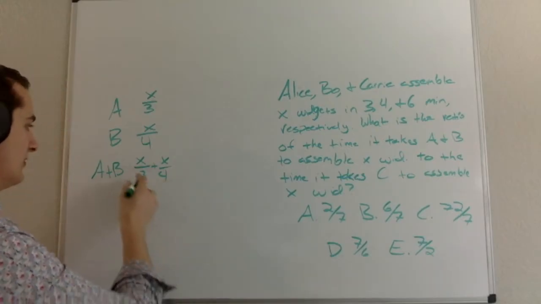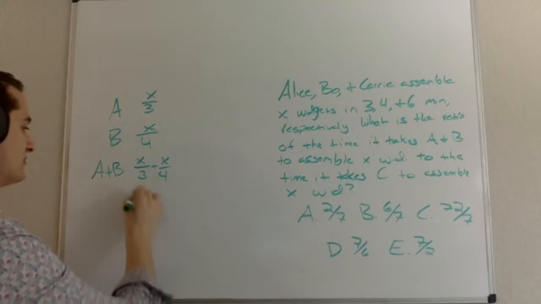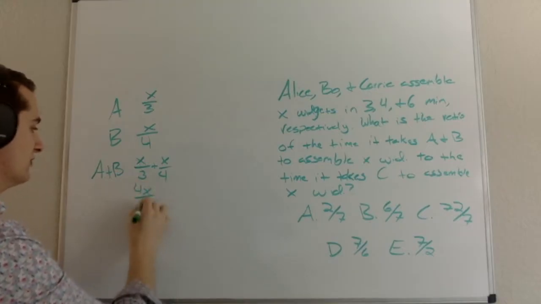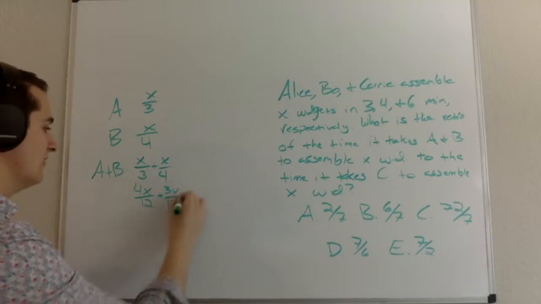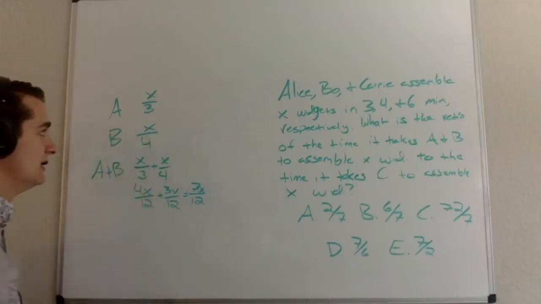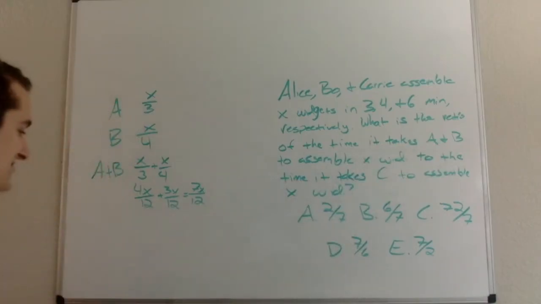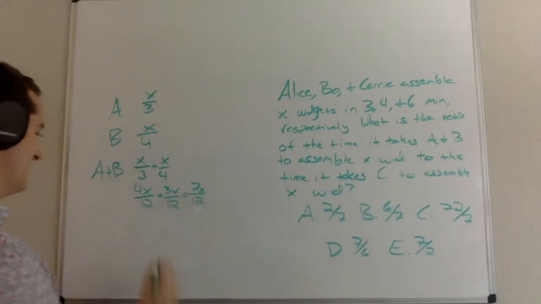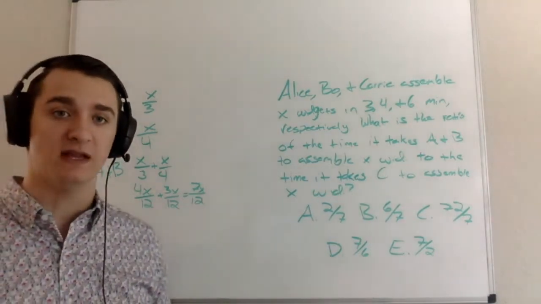So I multiply X over 3 by 4 over 4, and I get 4X over 12 plus 3X over 12, which is 7X over 12, the rate of Alice and Bo. Then I'm asked for the ratio of the time it takes Alice and Bo. For that time, I'm going to go back to that basic formula that we used.